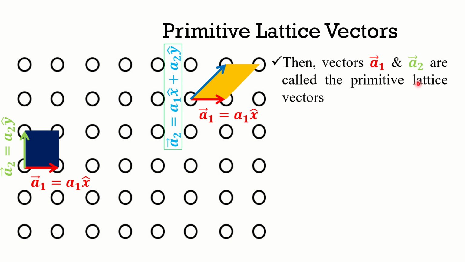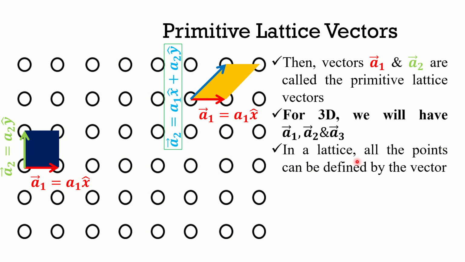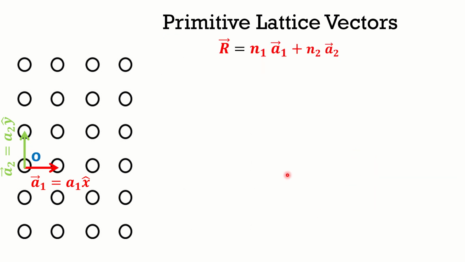Then vectors a1 and a2 are called the primitive lattice vectors. So if a1 and a2 define one primitive unit cell, then these vectors are called primitive lattice vectors. For 3D, we'll have three vectors to define one unit cell: a1, a2, and a3. In a lattice, all the points can be defined by the vector r equal to n1 a1 plus n2 a2 plus n3 a3. I'll come to this for a 3D lattice.